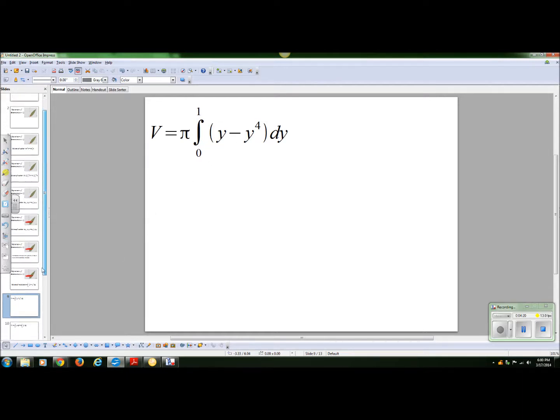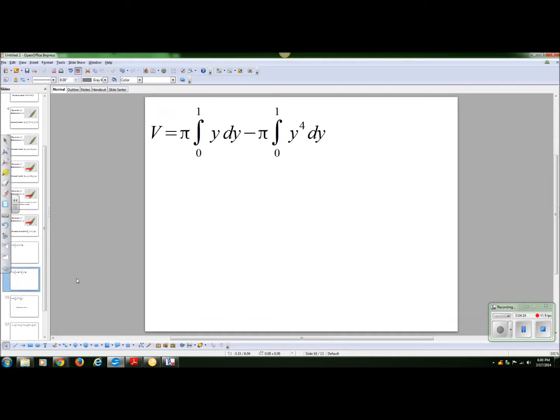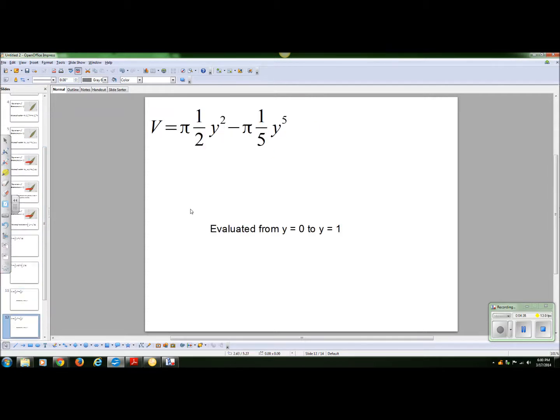This is just using the power rule in reverse. So I can split this into two separate integrals, and that will make my life a bit easier. And then again, using the power rule in reverse, I can come up with volume being this guy here. I'm not going to read it out to you, but I'll give you a second to copy this down. And we're going to evaluate this from y equals 0 to y equals 1.